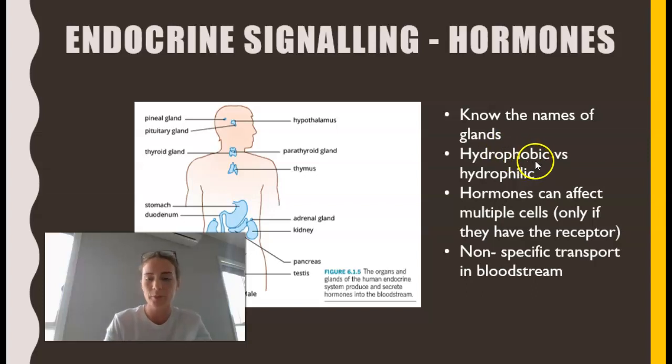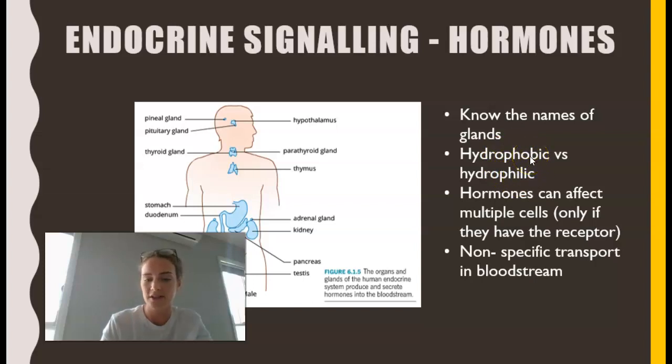Hydrophobic means it doesn't like being in a water environment, but it can cross the phospholipid bilayer very easily. Whereas hydrophilic loves being in a water environment, though it does cause problems for crossing the cell membrane. We'll touch back on those ideas when we come to talk about 6.2.